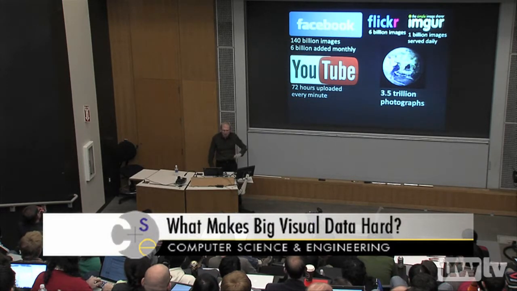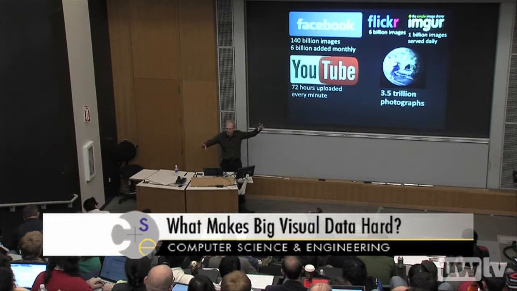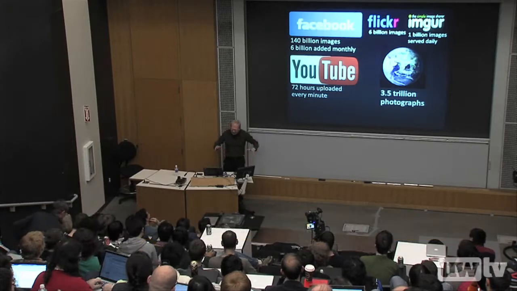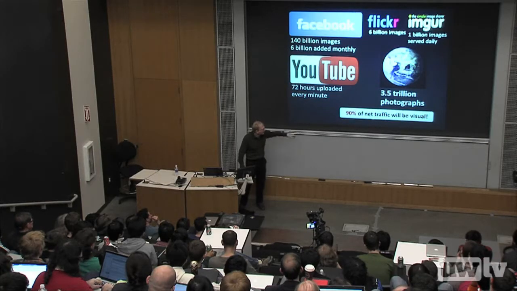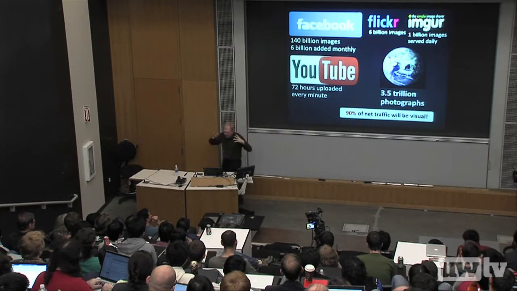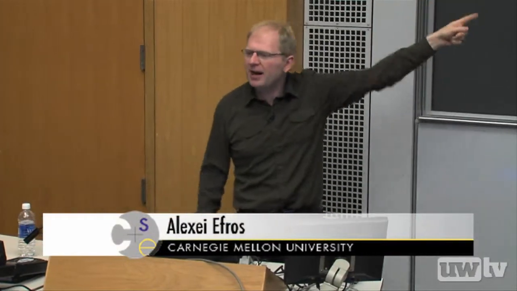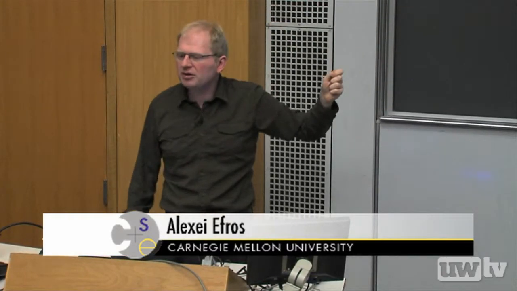They go from void to void. In fact, Cisco estimates that in a couple of years, 90% of net traffic will be visual. So a lot of that data deluge, at least in terms of size, is going to be coming from visual data, images, videos, that kind of stuff.